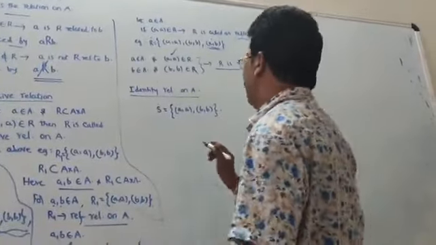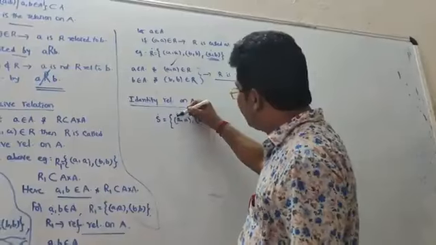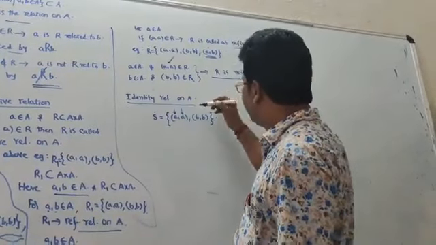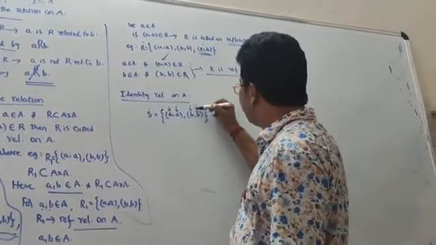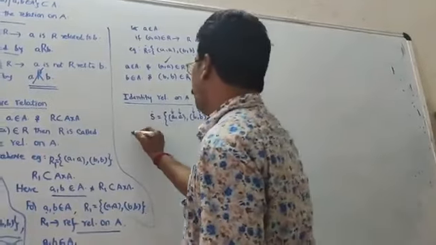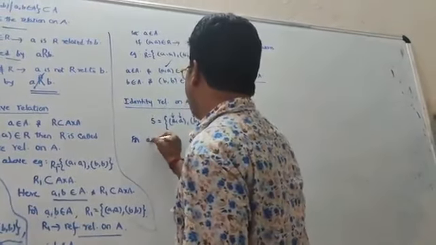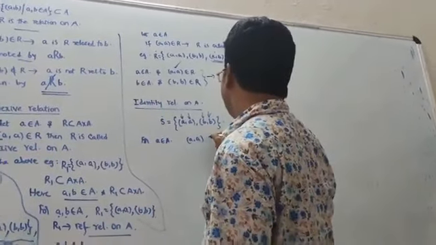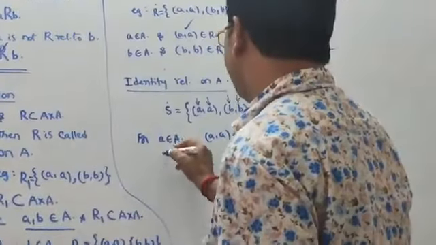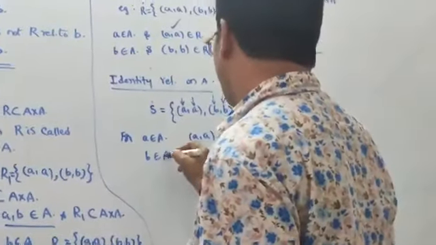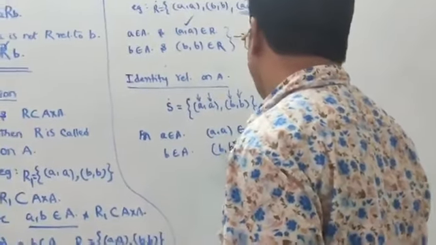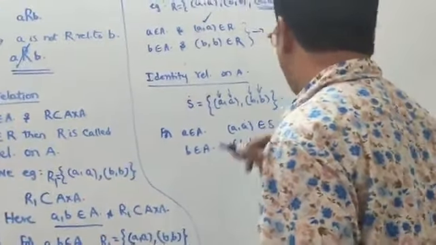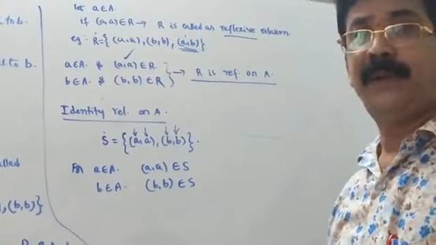Next, (a, a): the first coordinate is the same as the second coordinate. So for a belonging to capital A, (a, a) belongs to capital S. Next, for b belonging to capital A, (b, b) also belongs to capital S. Enough.